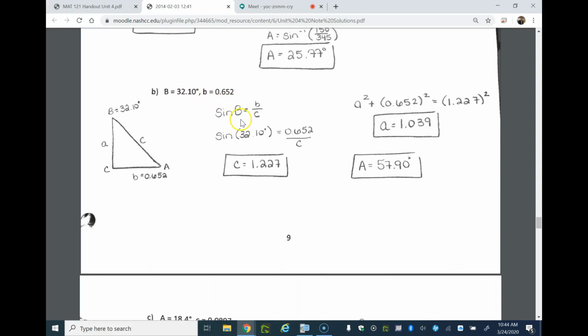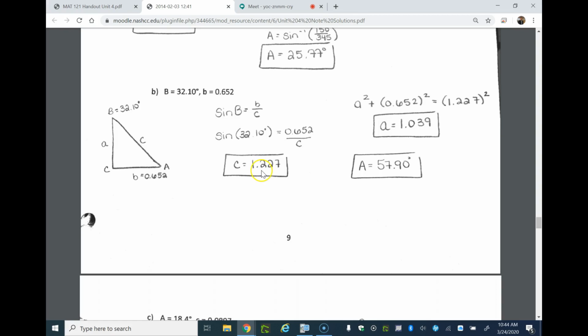So once again, to use the information given to you, if I use sine of B, what is sine supposed to be? Opposite over the hypotenuse. So the opposite one that was given to us, put this on top, and then this provides us with this part here.